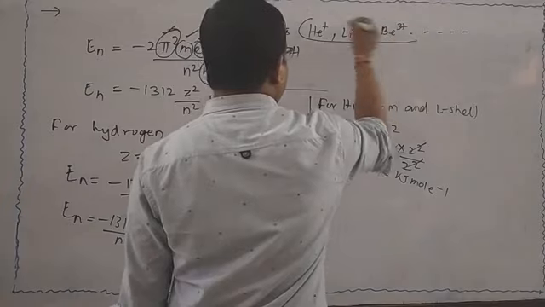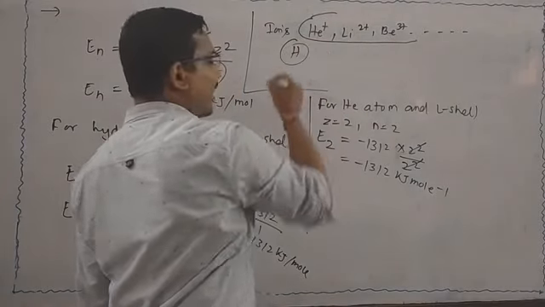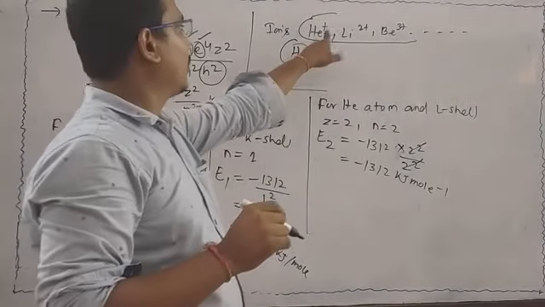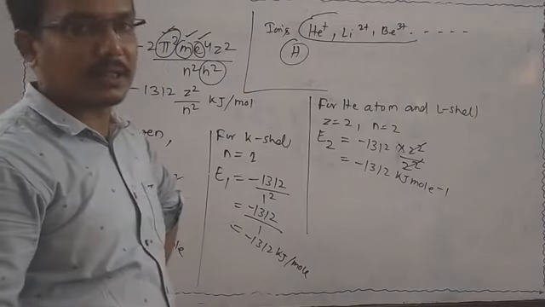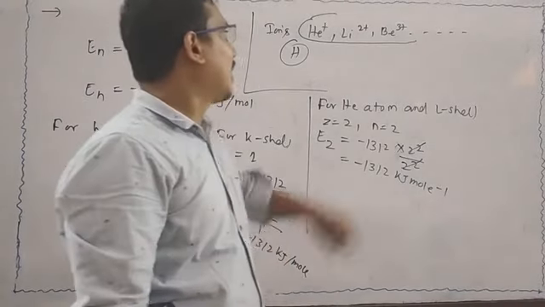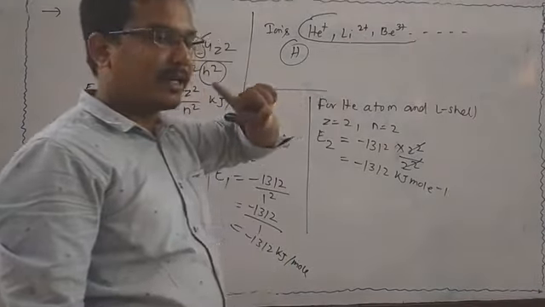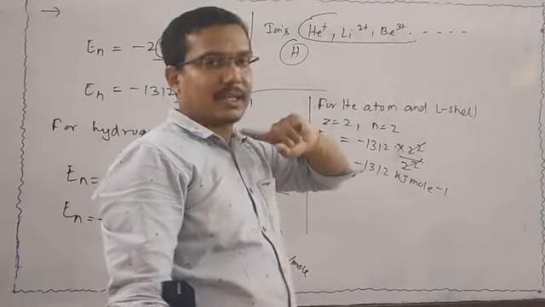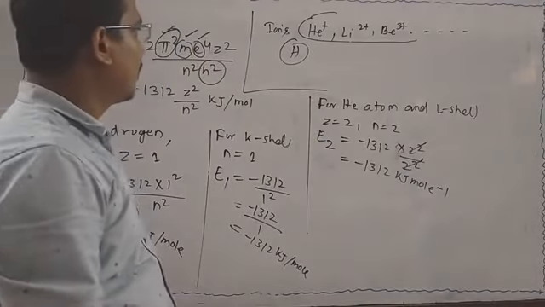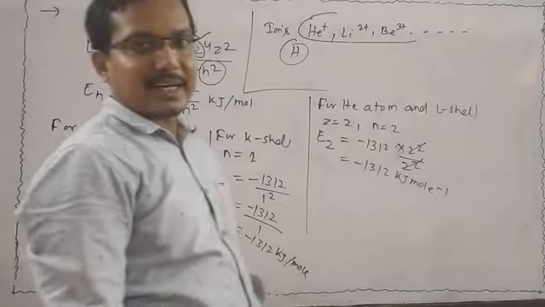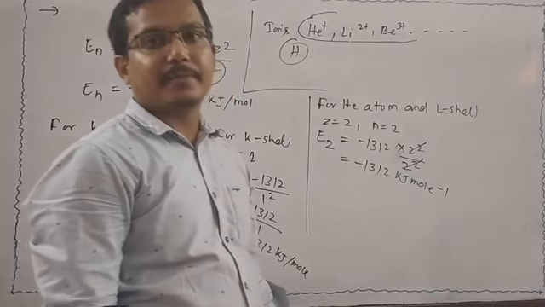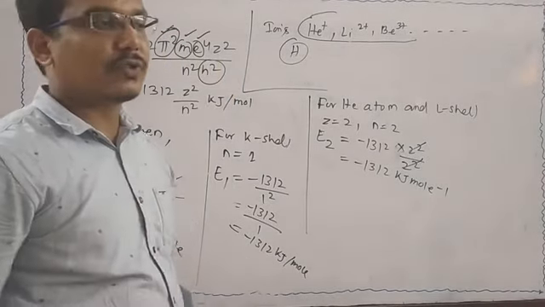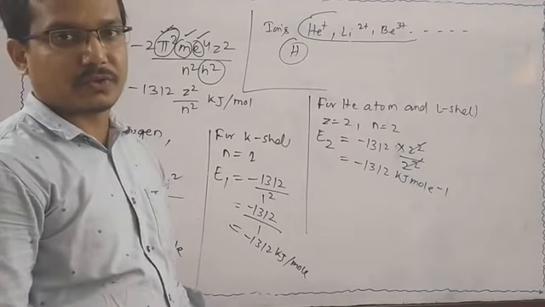Look at that: your hydrogen atom carries 1 electron. He⁺ also has 1 electron. Li²⁺ carries 1 electron. Be³⁺ carries 1 electron. Bohr's atomic model clearly explains atoms or ions each having 1 electron.